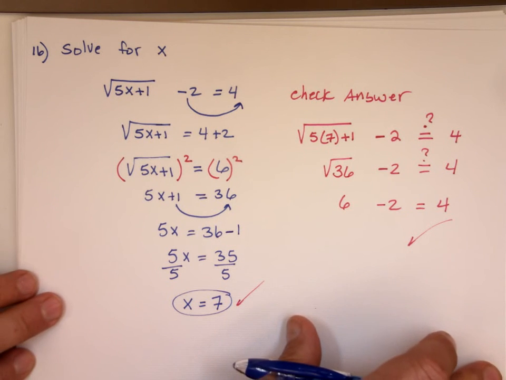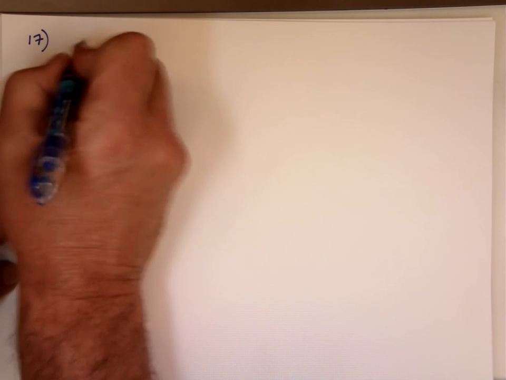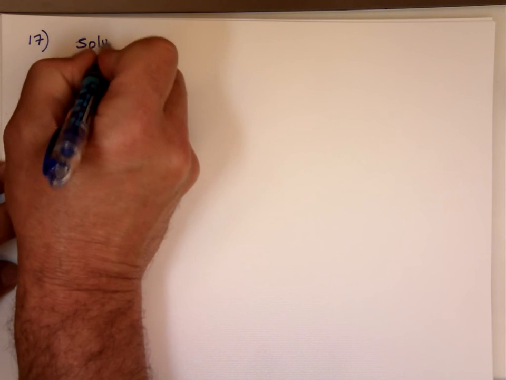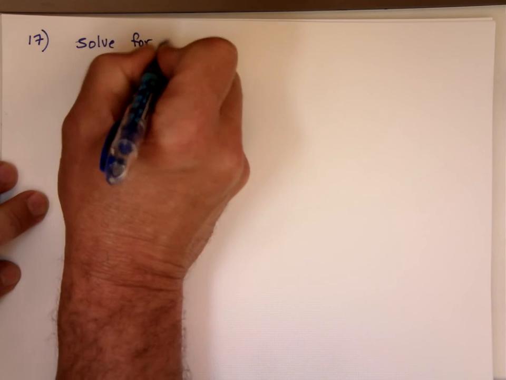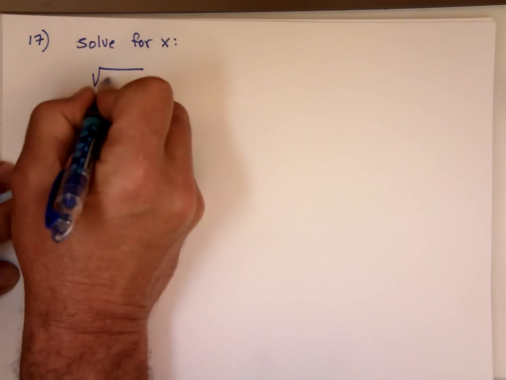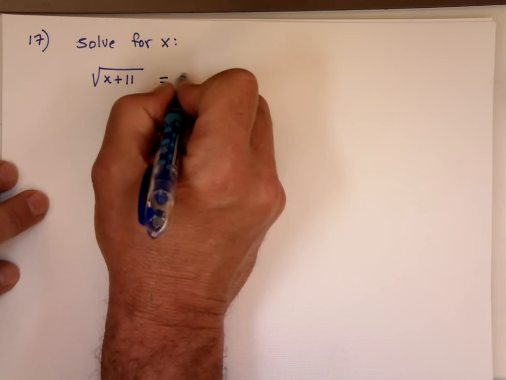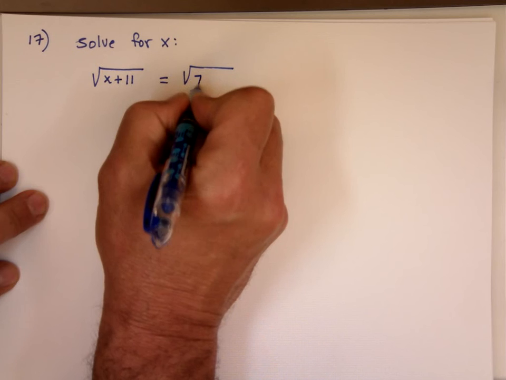One more. Solve for x. Square root of x plus 11 equals square root of 7x minus 1.